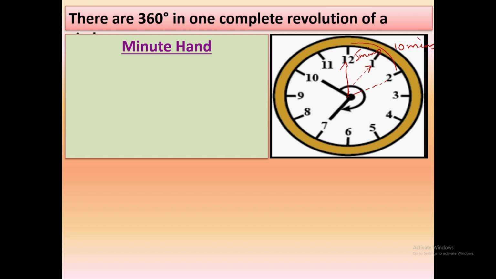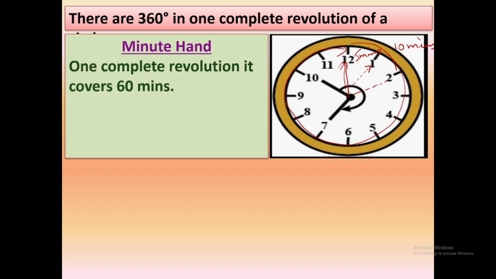So in the same way, when the minute hand does a complete revolution and comes back to 12, it covers 60 minutes. In one revolution the minute hand covers 60 minutes. See it. So now the main matter is how many degrees it has covered.